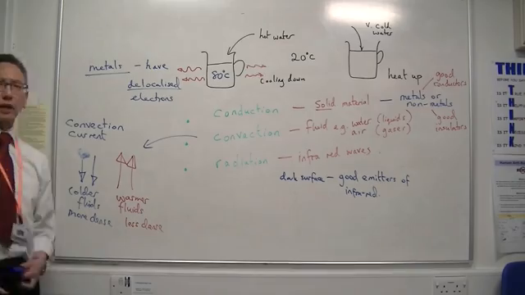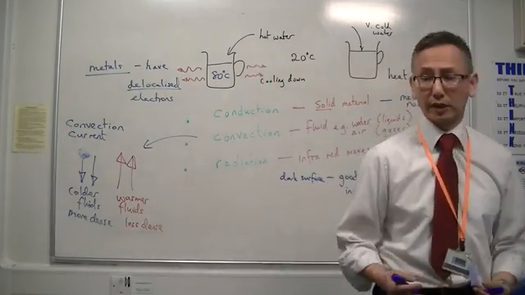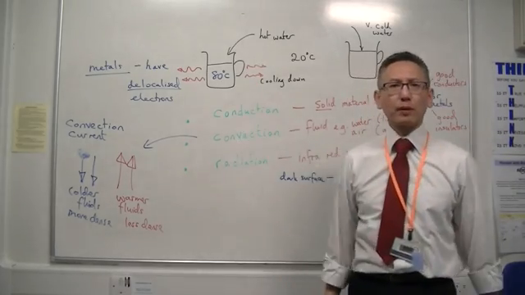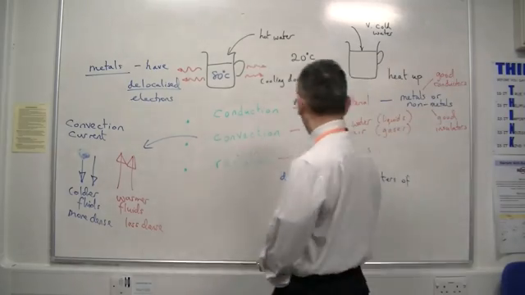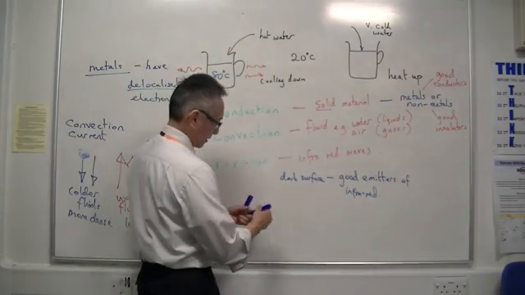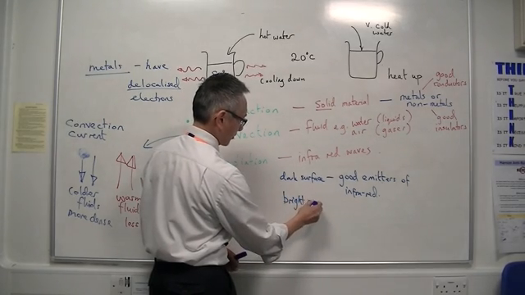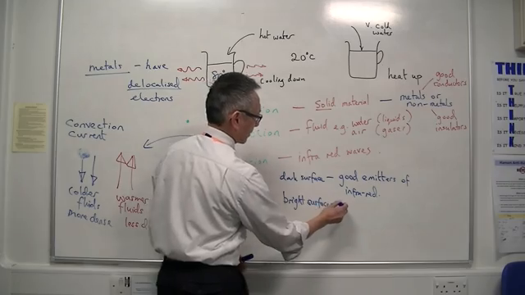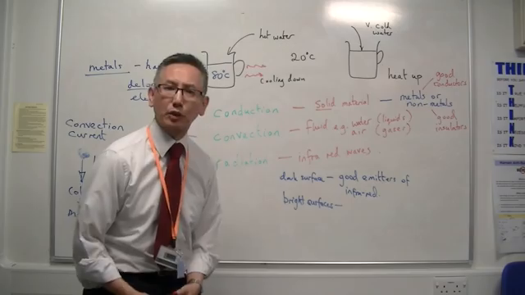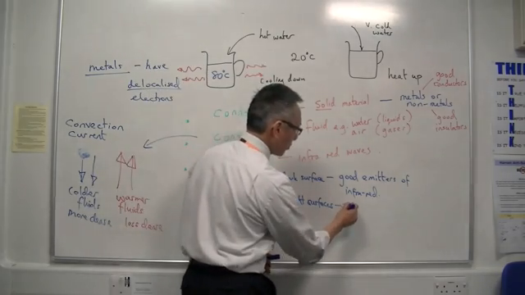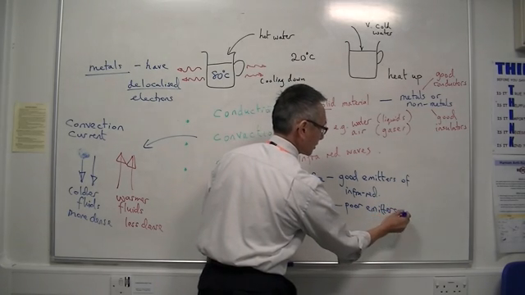On the other hand, if that cup was made of a shiny, a bright coloured surface, the cup would lose the heat more slowly. And that's because bright, shiny surfaces don't give out the heat, the infrared, as quickly. So they're said to be poor emitters. Remember the word, emit means to give out, okay?